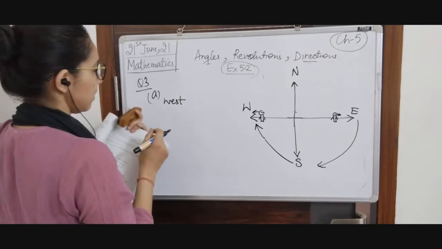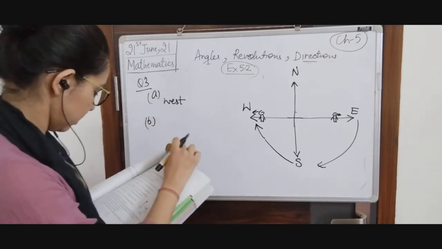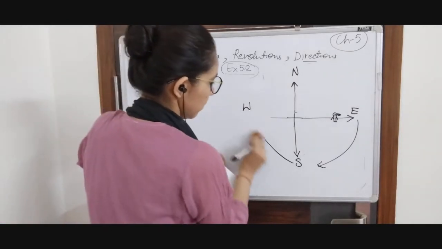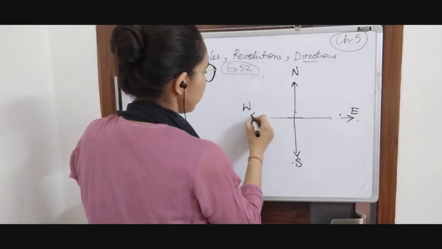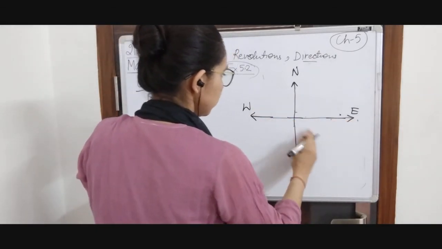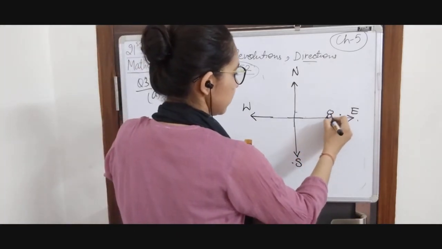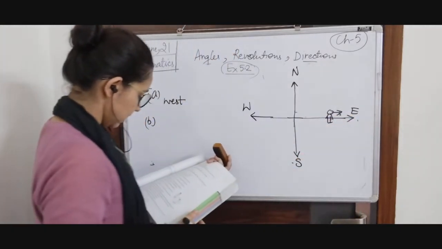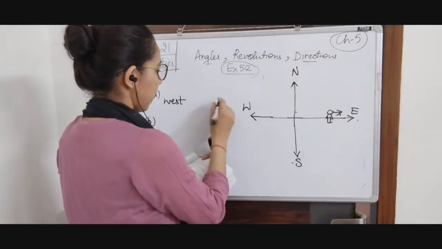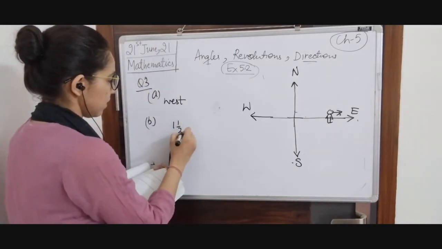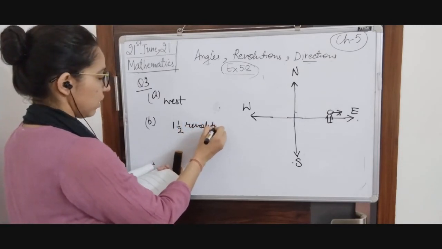Second is B part. Again, for the B part, we are going to start with this figure, and the person is facing east. Then he is making 1.5 revolutions clockwise.